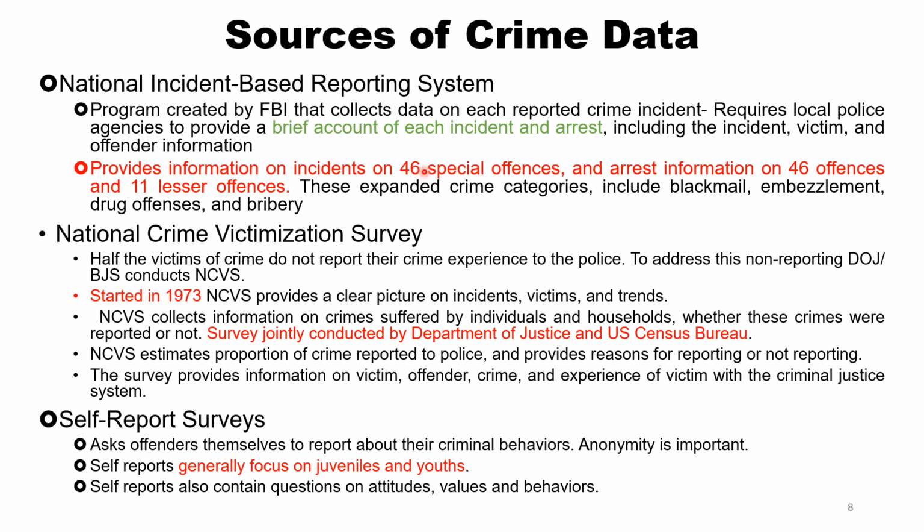Data is collected on the details of the incidents and the arrests made, and information on the victim and offender. The NIBRS data provides some more information on crime events compared to the UCR data.